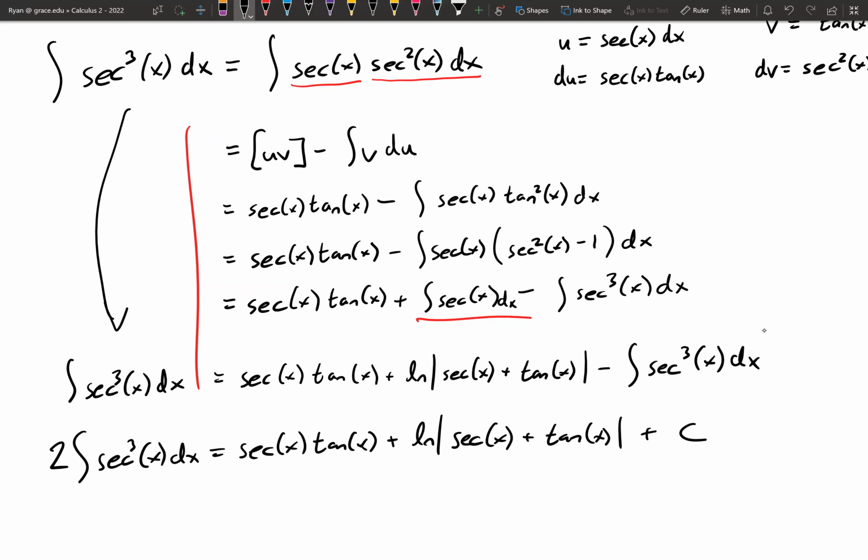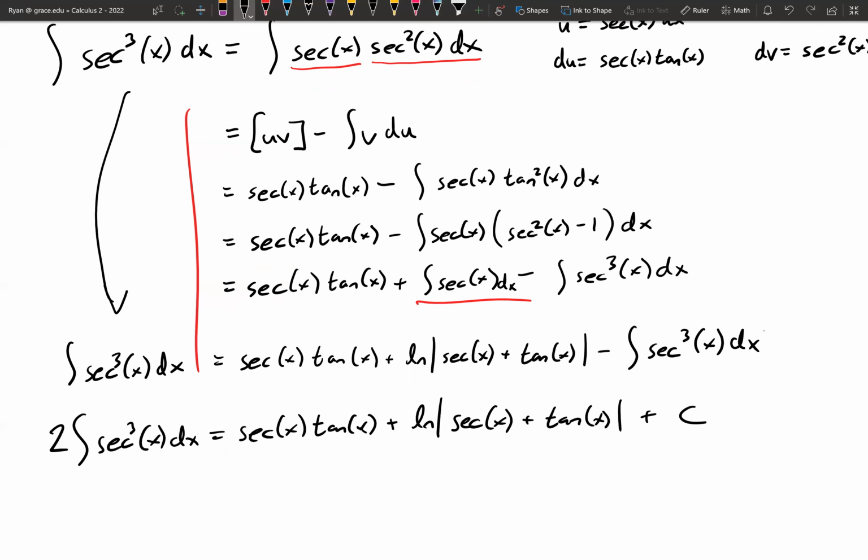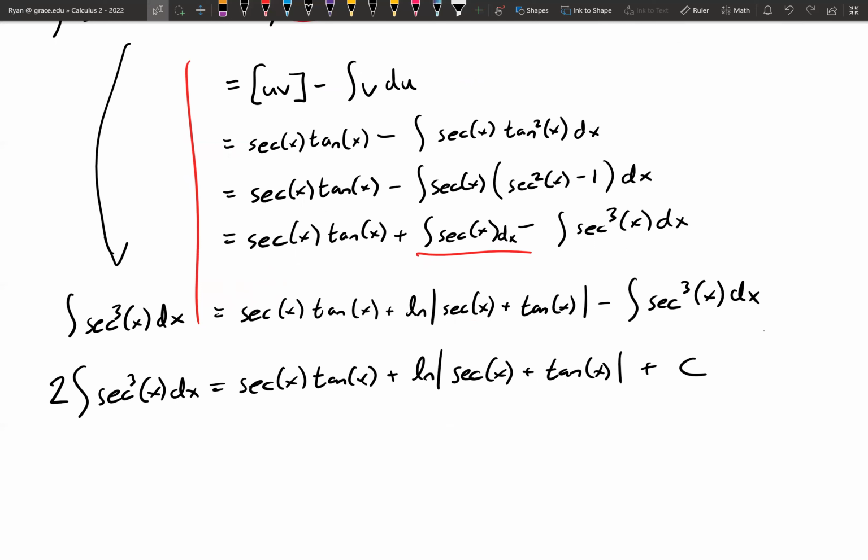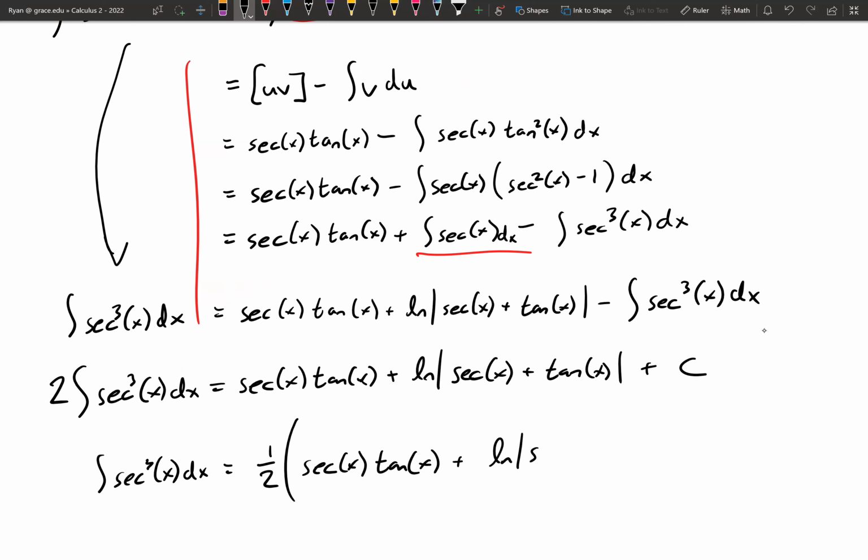And then I just divide by 2. So the integral of secant cubed of x dx equals 1/2 times secant of x tangent of x plus the natural log of absolute value of secant of x plus tangent of x plus c.